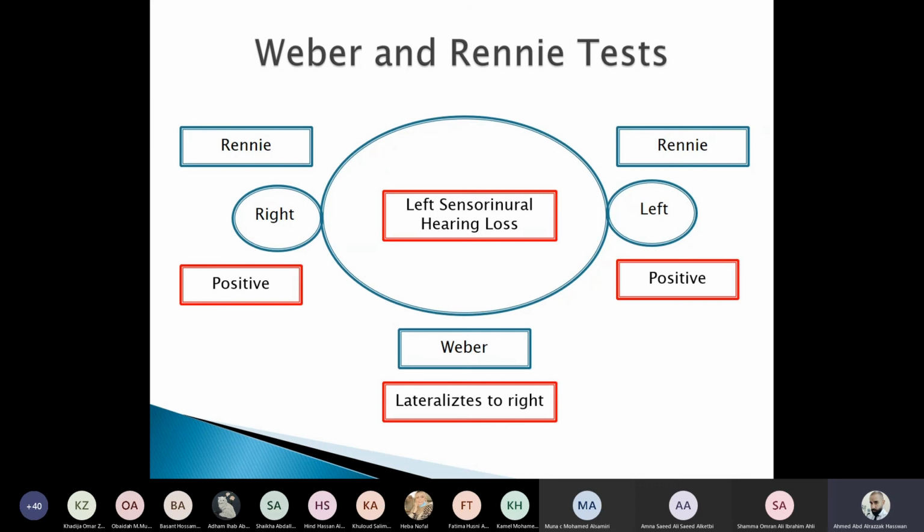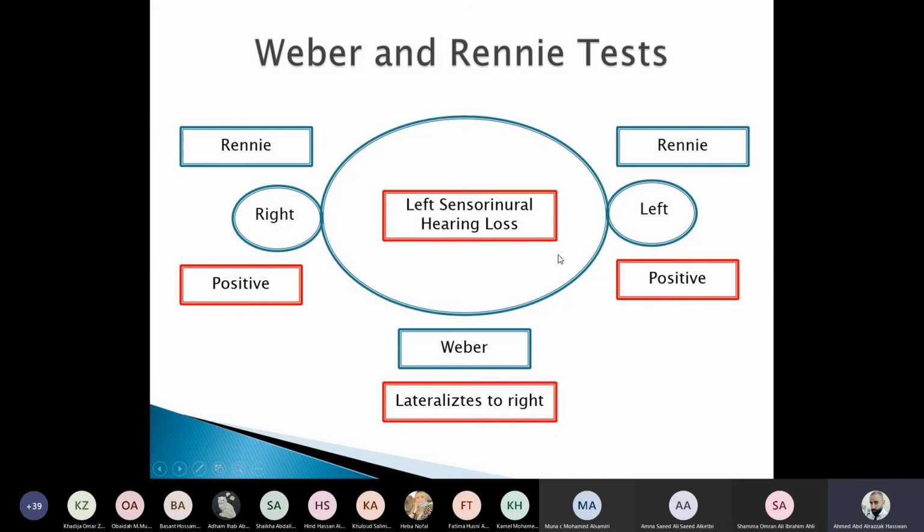So usually, let's say we should hear down to 10 decibels. And if patients start to have sensory neural hearing loss, it means they're not hearing the low intensity voices. Okay, but still the air conduction is better than bone conduction. That's why Rinne is testing positive on both sides. Okay, but Weber is lateralizing to the right because the patient is hearing better on the right because this is normal and this is actually affected with a sensory neural hearing loss.